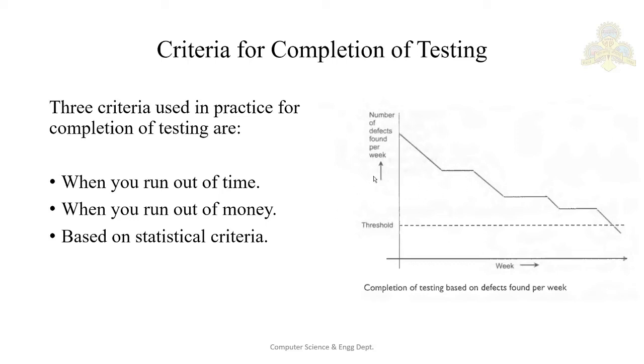In this graph, on the x-axis you have the week progressing, and on the y-axis the number of defects found per week. If the number of defects found per week remains less than the predefined threshold consecutively for 3 days, then the software can be considered a mature product and it can be released to the client.